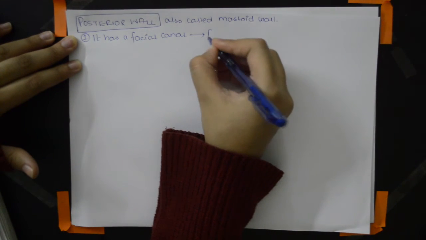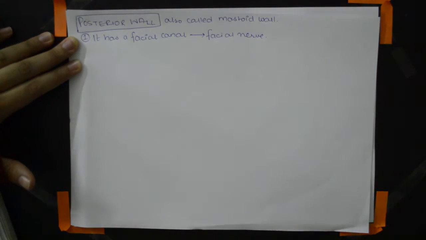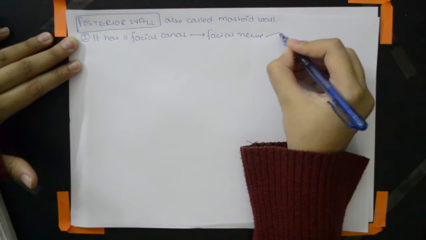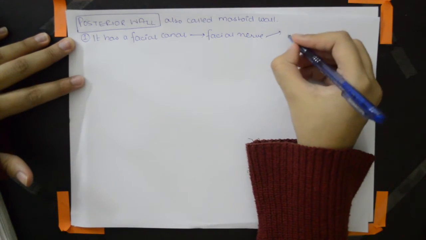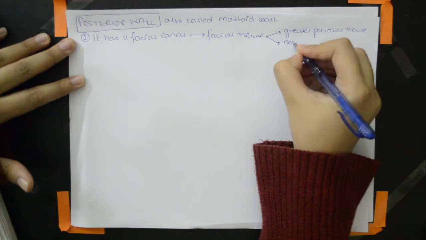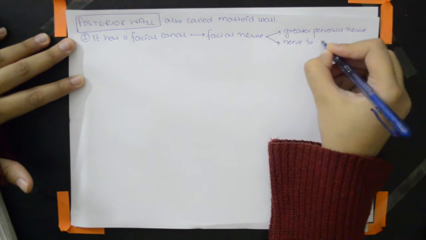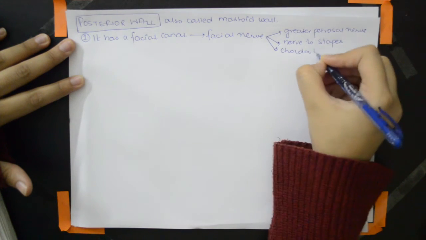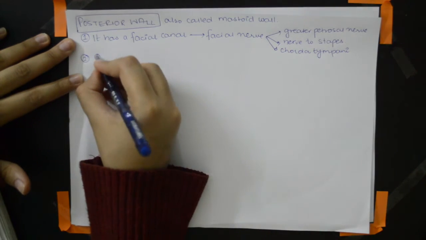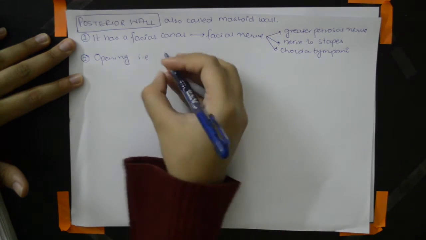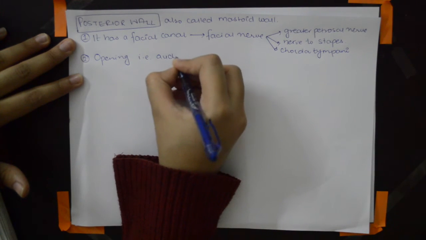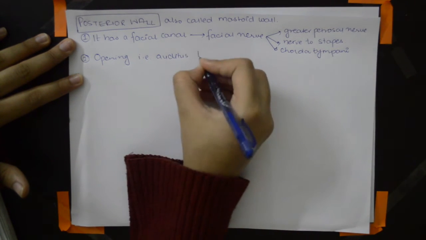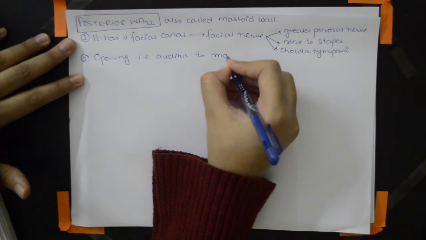The facial canal has facial nerve which divides into greater petrosal nerve, nerve to stapes, and the chorda tympani nerve. It also has the opening that is the aditus to mastoid antrum.